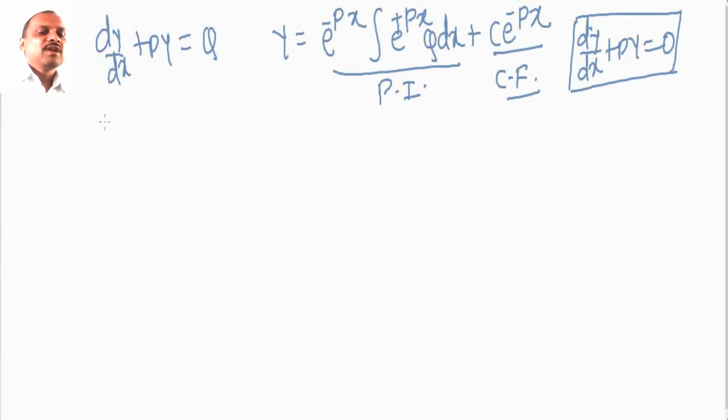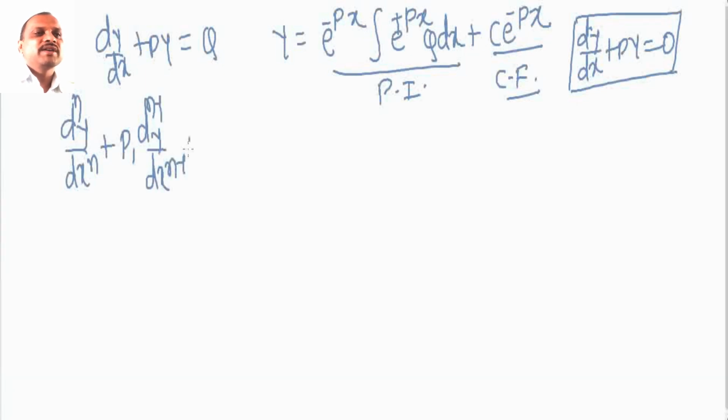Likewise, whenever our equation is of the type d^n y by dx^n plus p1 d^(n-1) y by dx^(n-1) plus so on, equal to x, its solution consists of complementary function and particular integral.